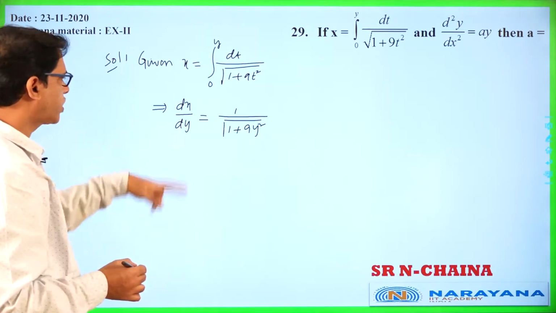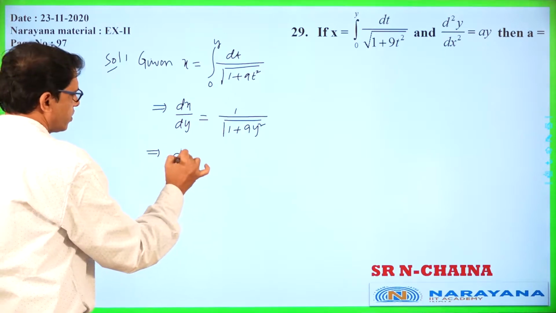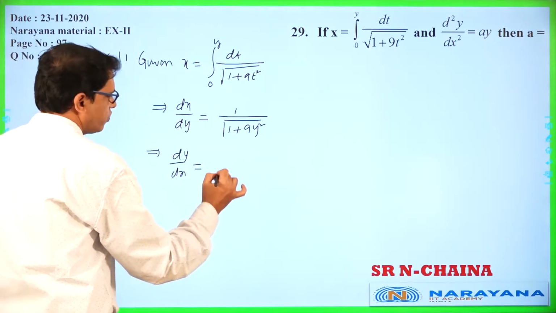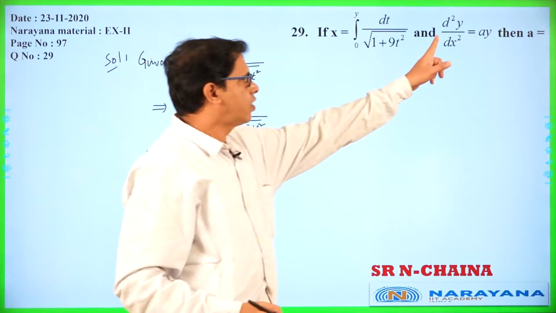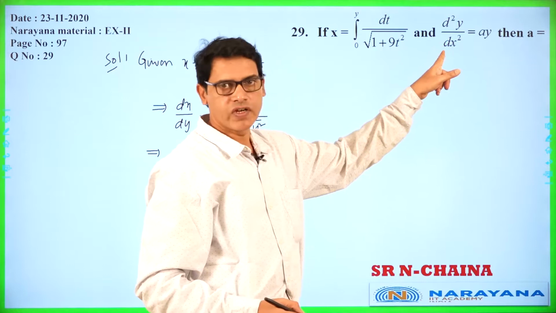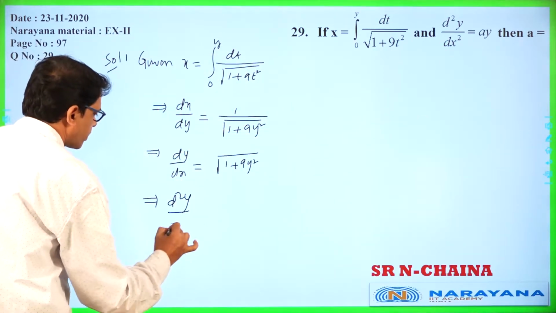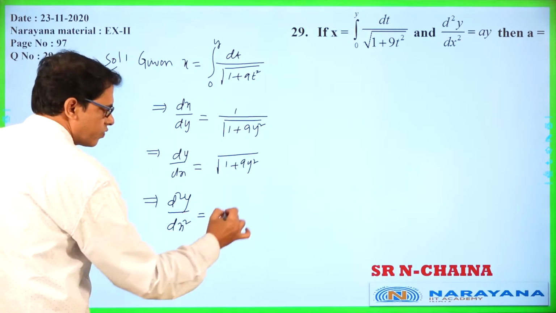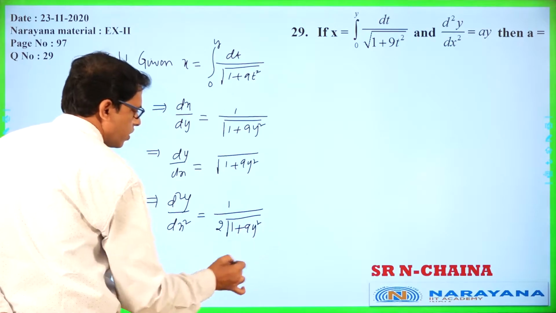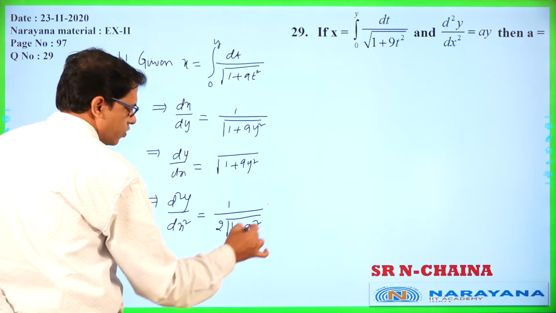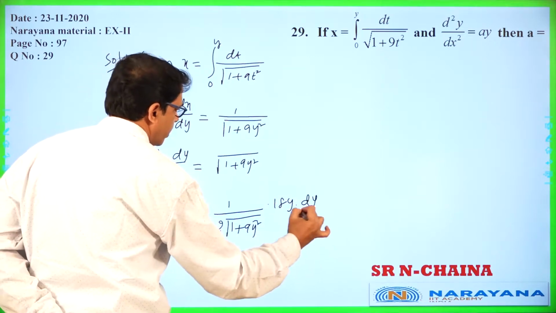This is the value of dx by dy, right? So from this, the value of dy by dx equals root under 1 plus 9y square. Now differentiating once again, because the second derivative is given, d square y by dx square equals the derivative of this: 1 by twice root under 1 plus 9y square, again the derivative of the inner function, which is 18y, again into dy by dx.